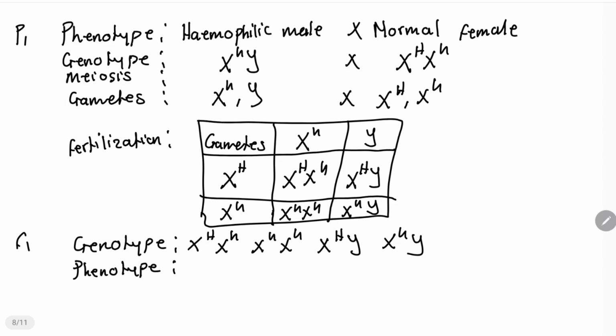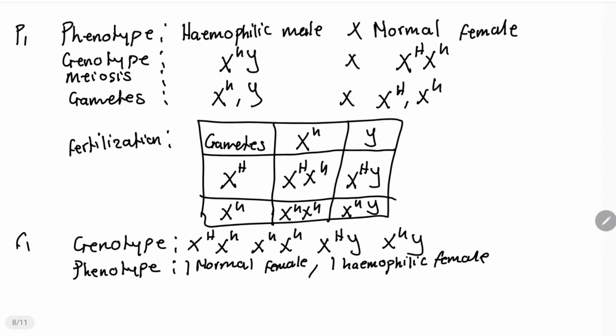So we're going to describe each and every one of them because they are all different, right? So we're going to say one normal female, and then we've got one hemophilic female.